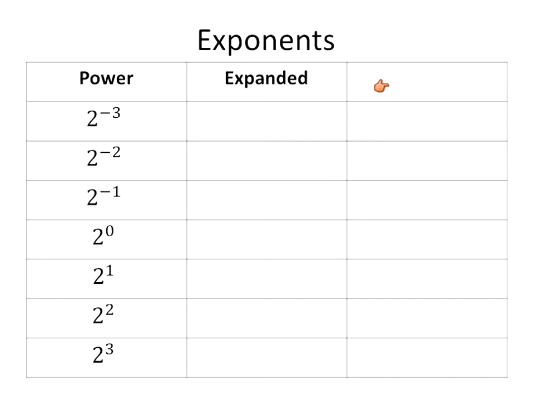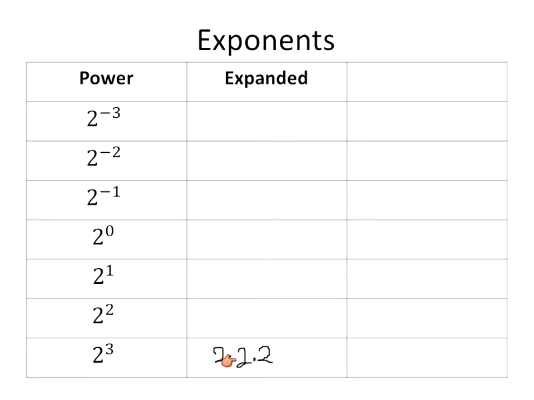But expanded, what that means, like down here at the bottom was 2 to the 3rd power. That would mean 2 times 2 times 2, because if you're looking at 2 to the 3rd, remember that the exponent tells us we need 3 of whatever the base is, and I'm going to multiply them.